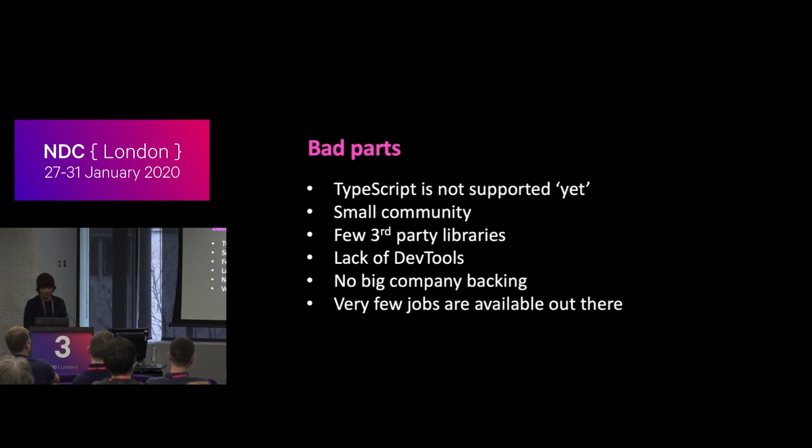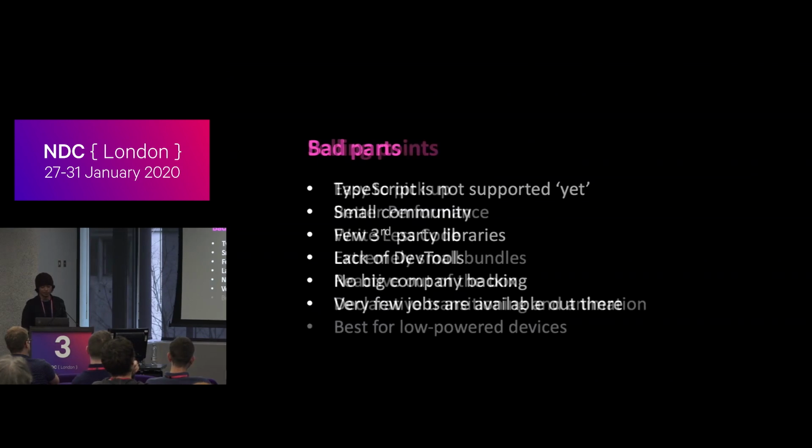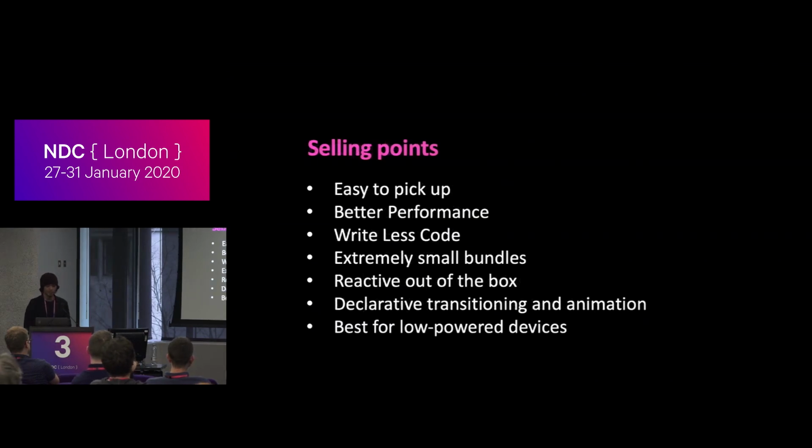It's just a matter of time. You can start introducing Svelte to your boss or to your managers, and these are what you need to enumerate when talking to them. Selling points: easy to pick up, better performance, write less code, extremely small bundles, reactive out of the box, declarative transitioning and animation, and best for low-powered devices.